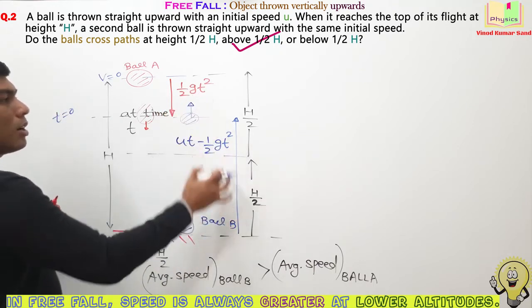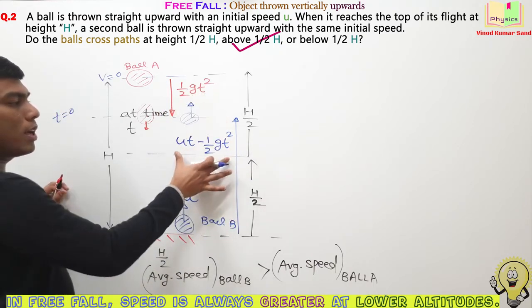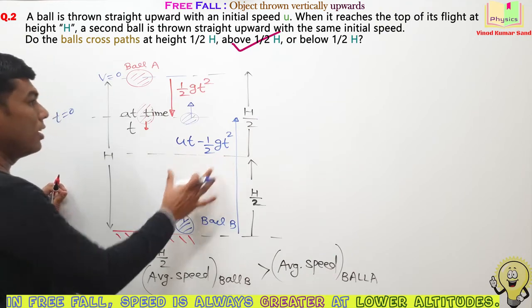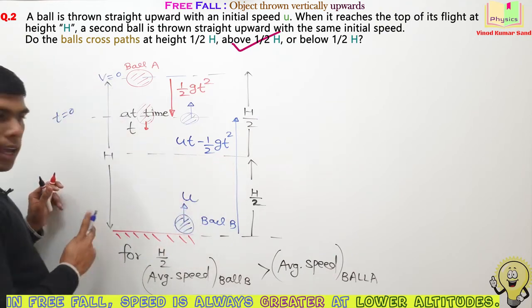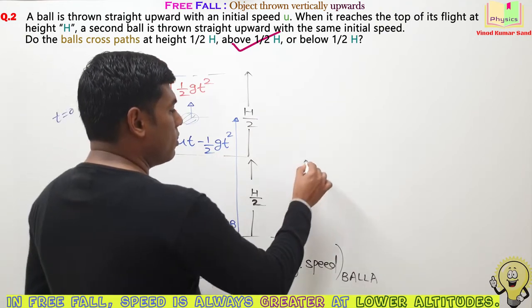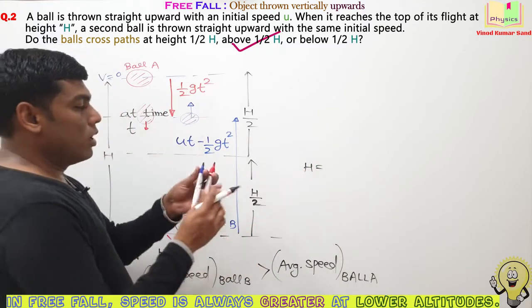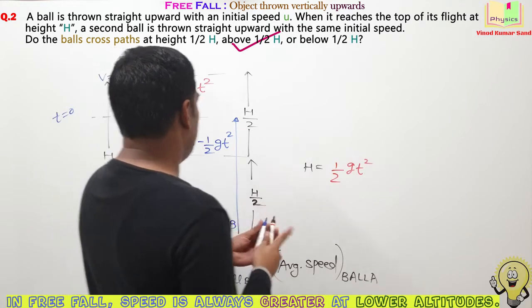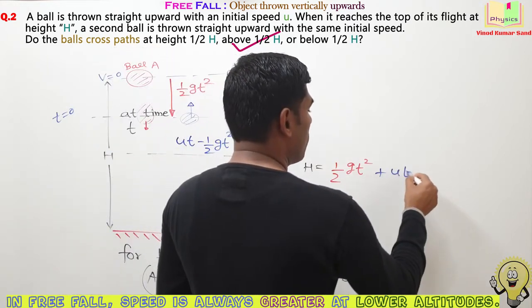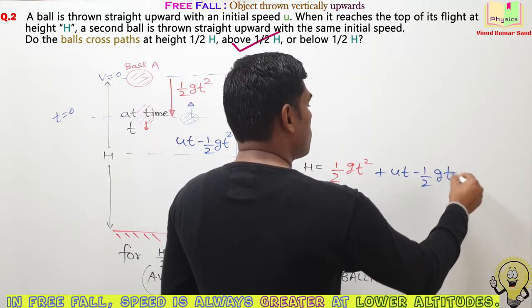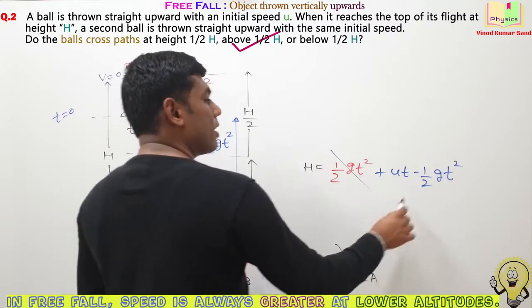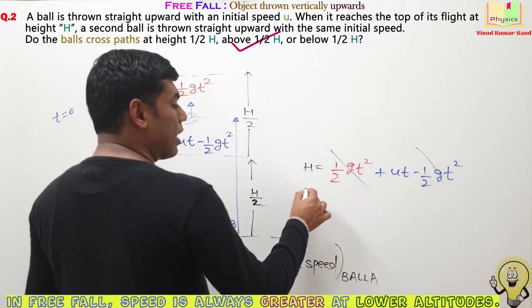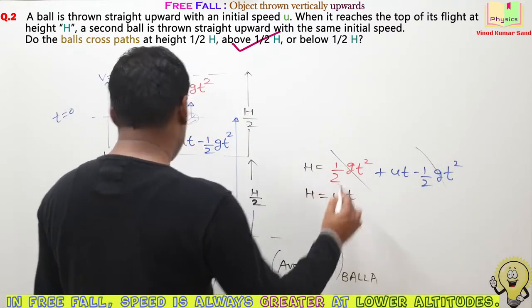What is the relation among these two lengths, half gt square and ut minus half gt square? It's clear from the diagram that h must be equal to half gt square plus ut minus half gt square. This half gt square is getting cancelled out, so we are left with h is equal to ut.